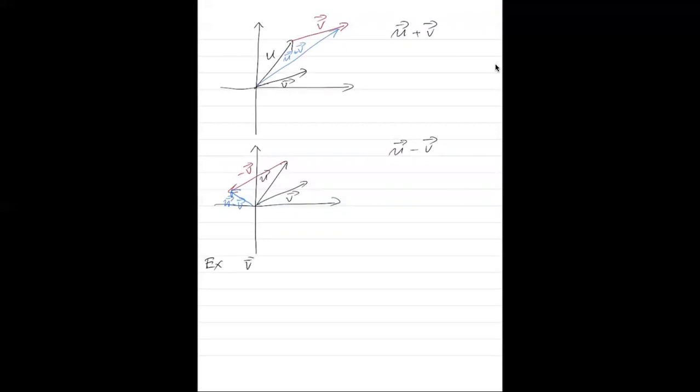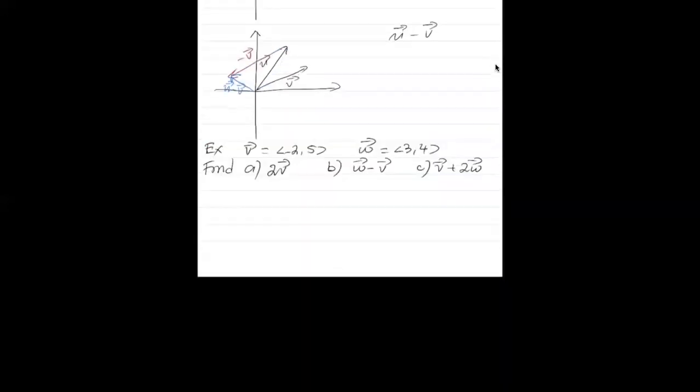So another example: if I have a vector v with components negative 2, 5, and a vector w with components 3, 4, find A, the vector 2v, B, find the vector w minus v, and C, v plus 2w.